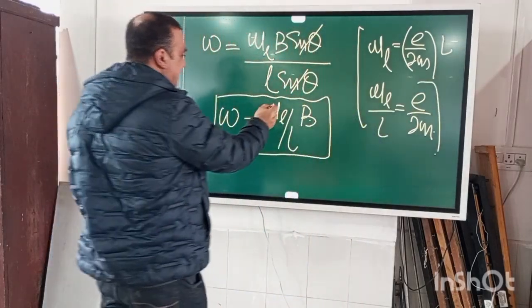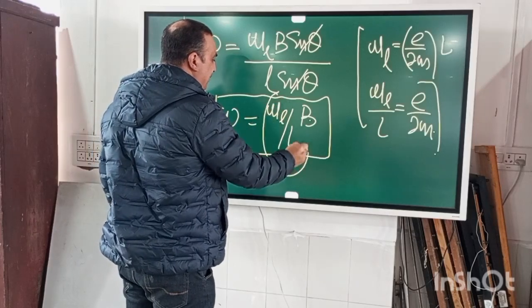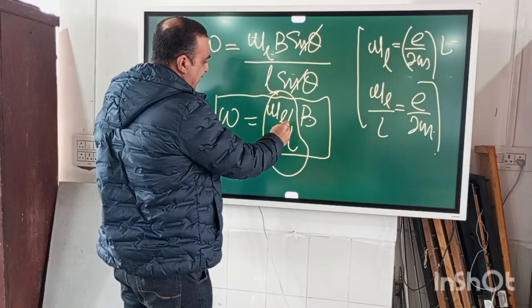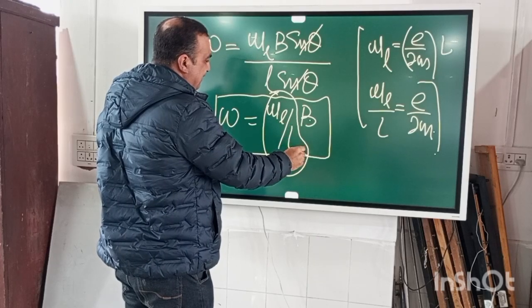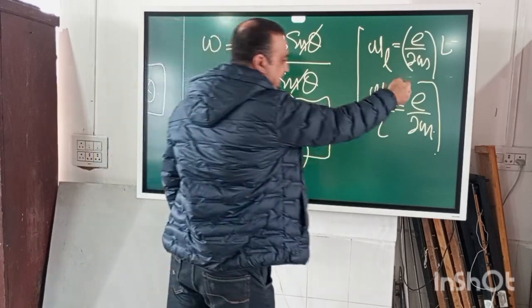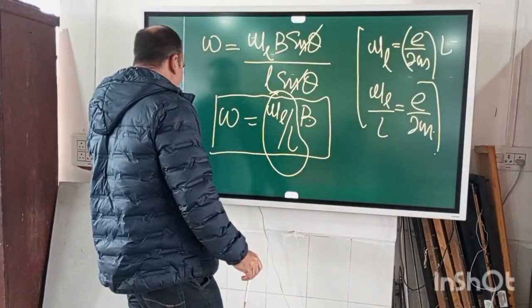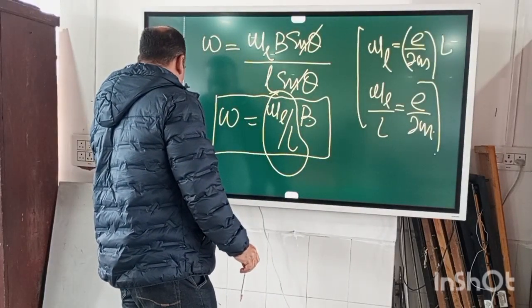So we can replace the ratio between the orbital magnetic moment of the electron and the orbital angular momentum by a constant. And what's that constant? That's e by 2m, which is also called the gyromagnetic ratio.